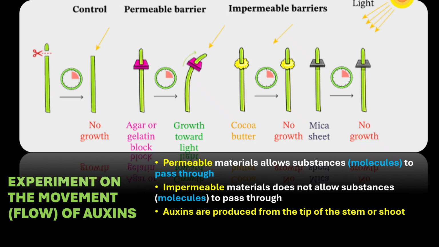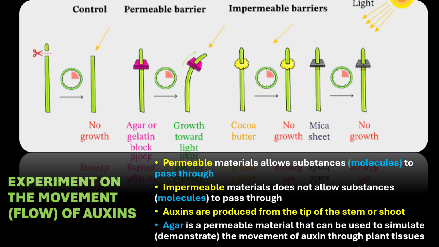Another material was used. The cocoa butter was replaced with another material called mica, or a mica sheet. This material too was impermeable. It was placed there. After some hours, the plant did not grow. There was no growth. It did not bend. The reason is that auxins are produced from the tip of the stem or shoot. And over here, only agar is permeable.